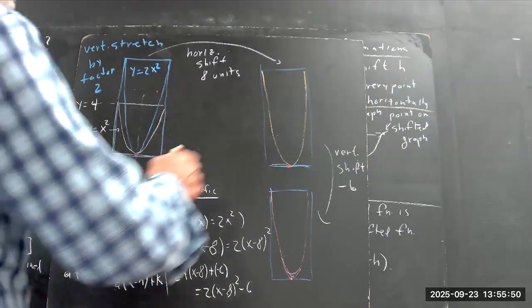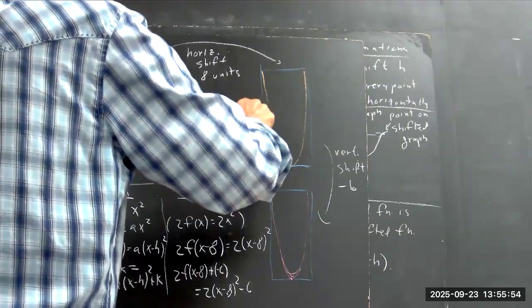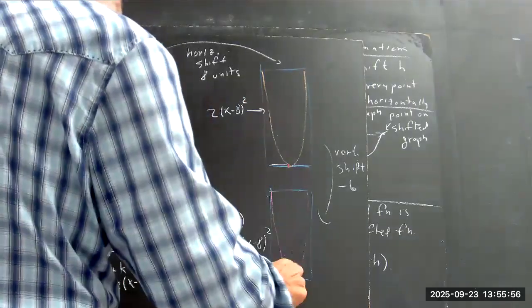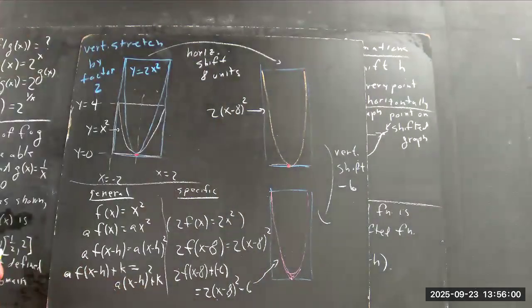So this one is 2 times x minus 8 squared. And this one is what I wrote down here. Okay, I hope that gives you background to do the homework, which will be due tomorrow evening. Because then we've got to go into inverse functions.